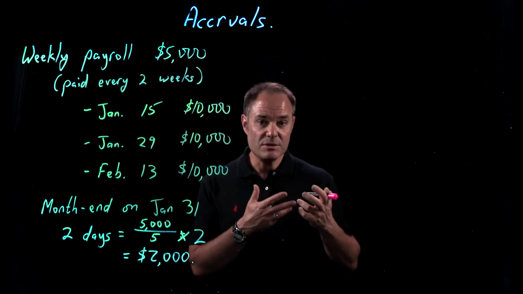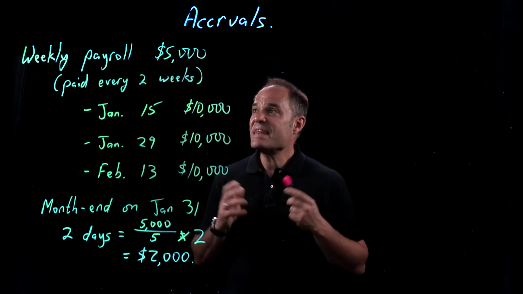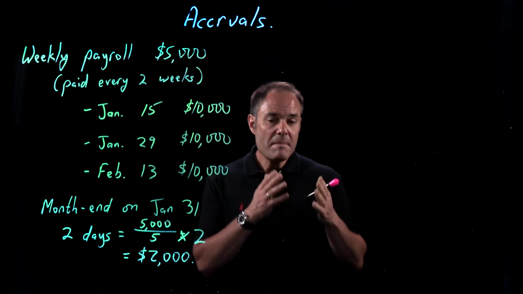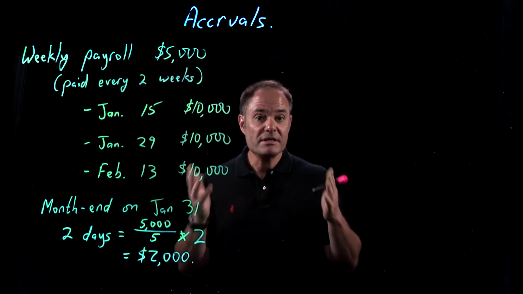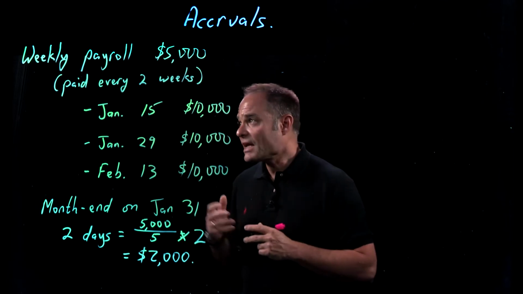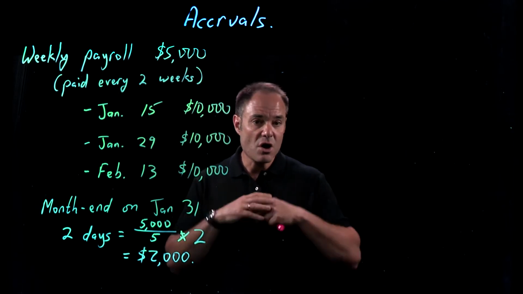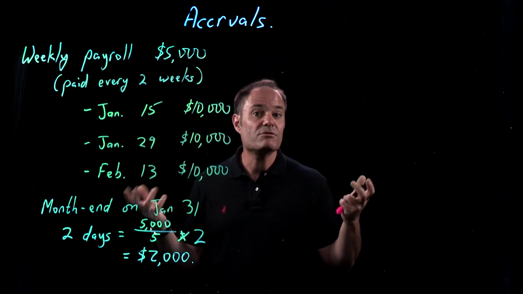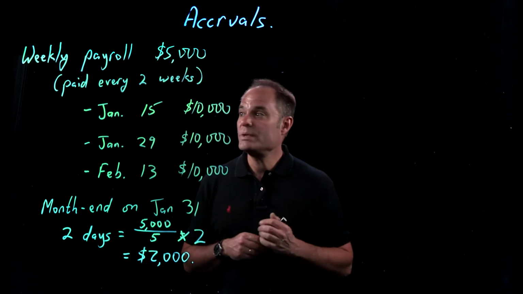Every company has to deal with this in virtually every financial statement that it prepares. And that is that we, again, want to match up our expenses, in this case salary expense, with the period in which they were earned. And so we have a company that has a weekly payroll of $5,000. So the cost of its payroll for all of its employees every week is $5,000. And they pay that payroll out every 2 weeks.